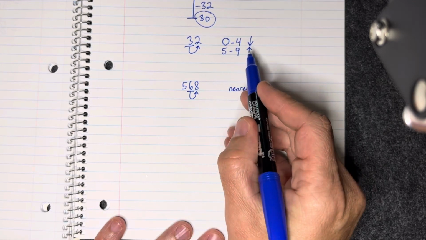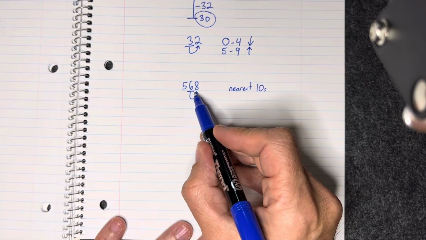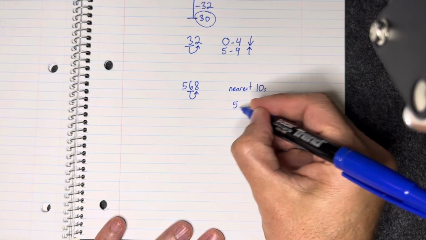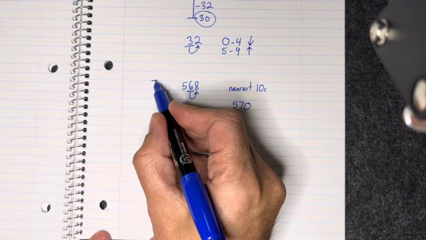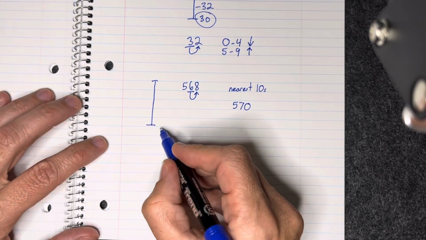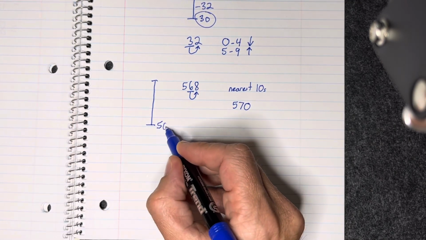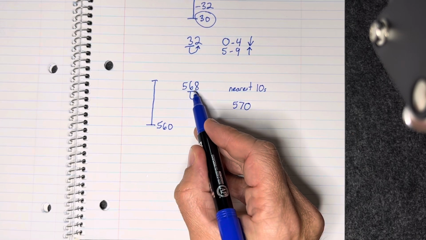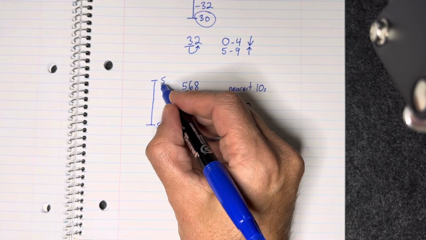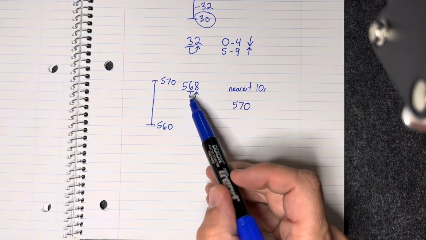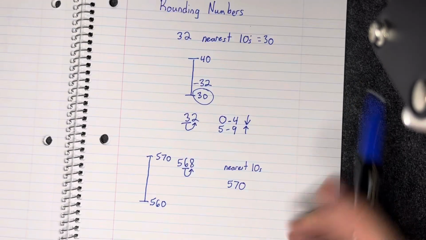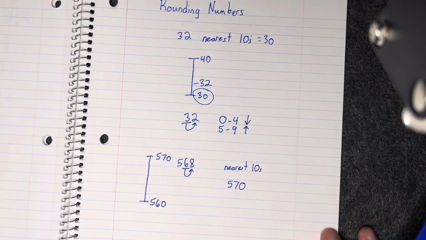It's an 8. 8 means we round up, so this would go to 570. And again, using a number line, you would see that 560 would be we round down, and 570 would be the answer if we rounded up. So there's always the two possibilities for each of the numbers.